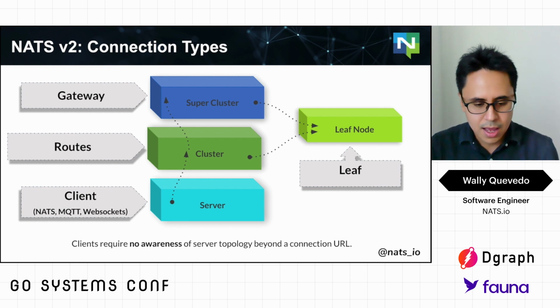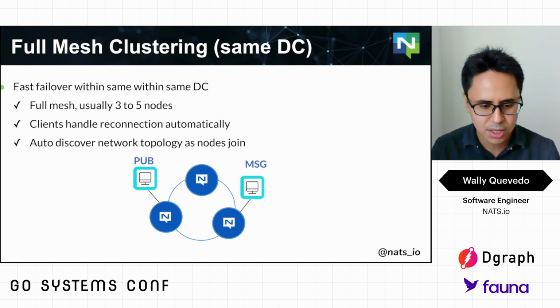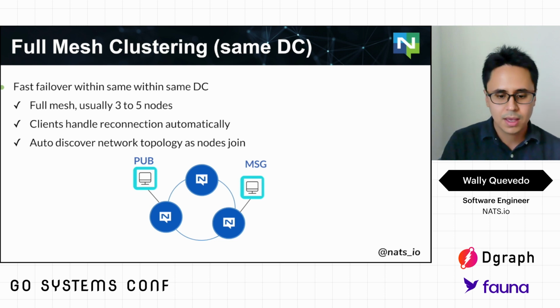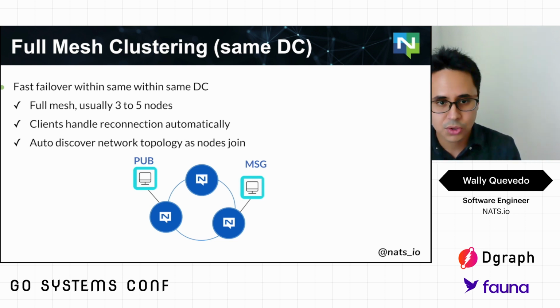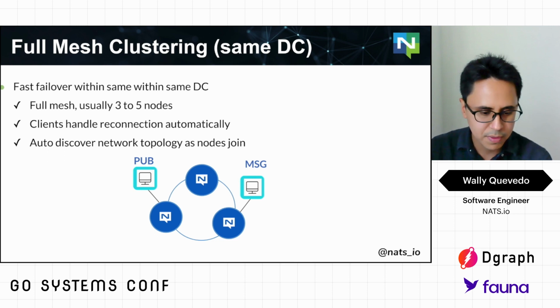So the NATS clustering within the same data center is usually a full mesh type of topology. Usually it is 3 to 5 nodes, although with NATS v2 enhancements, you can have very large clusters as well. But usually just 3 to 5 nodes is recommended. So the clients are responsible for handling the reconnection automatically.